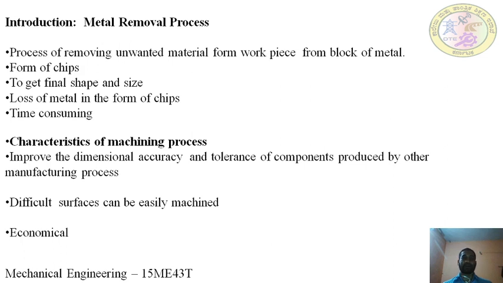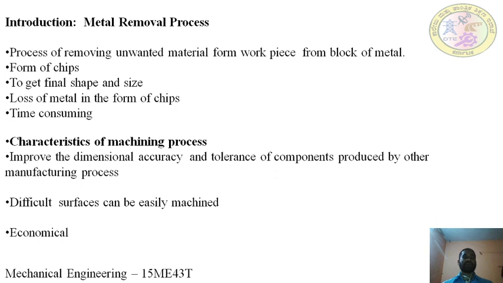Why? Because the motion will take place inside the assembly. The mechanism will move. In that time, if the surface is not accurate, then friction and heat will be generated. That will lead to wear and tear of the components.